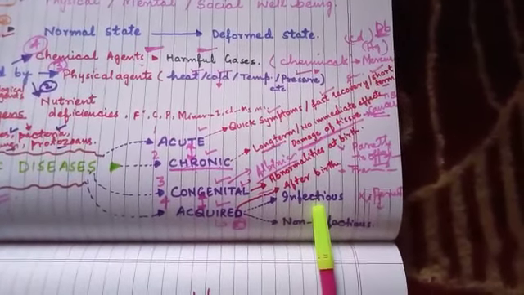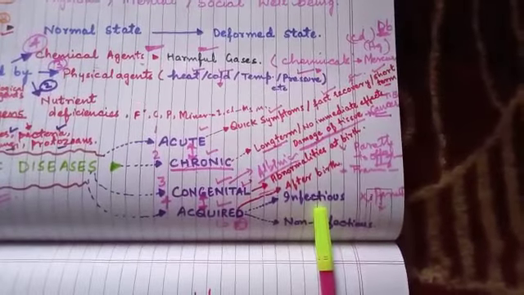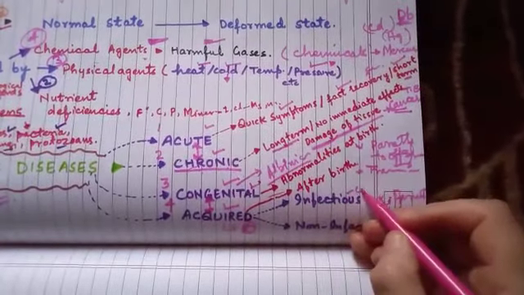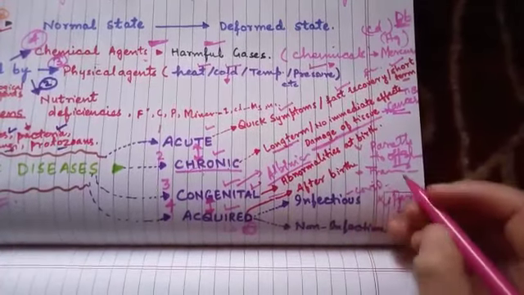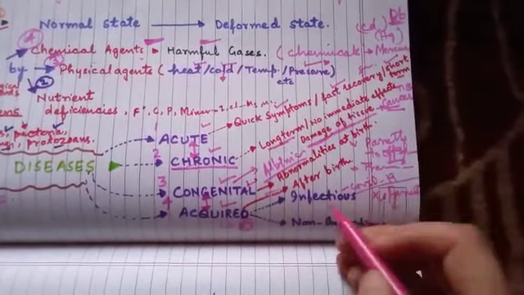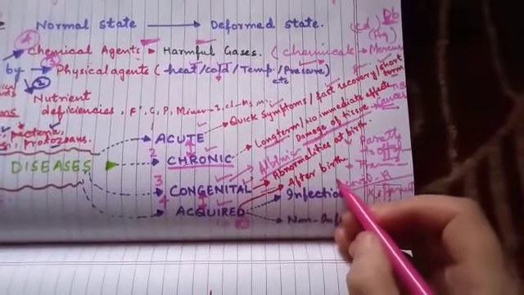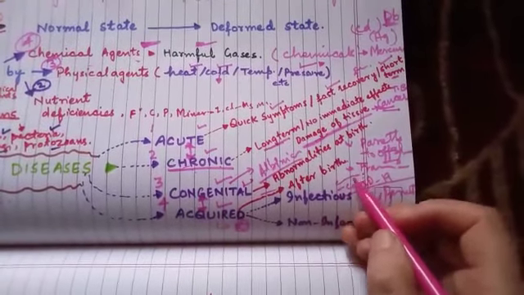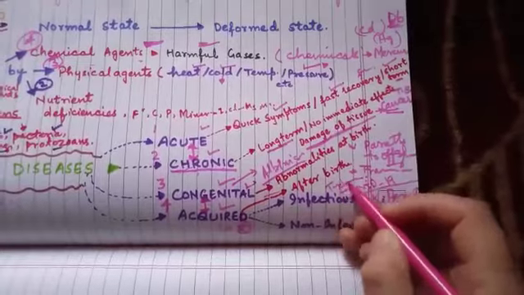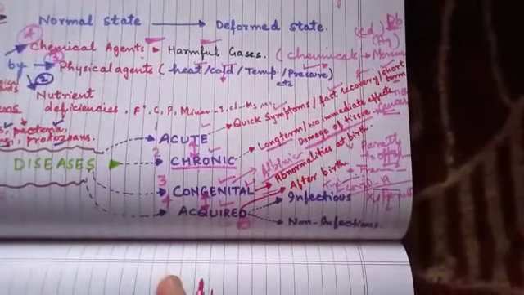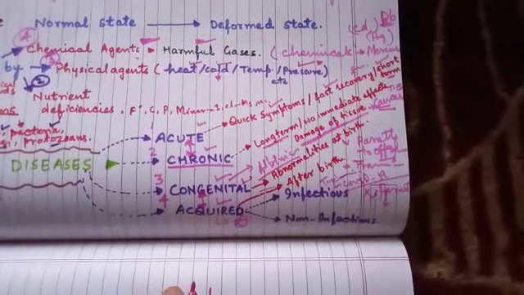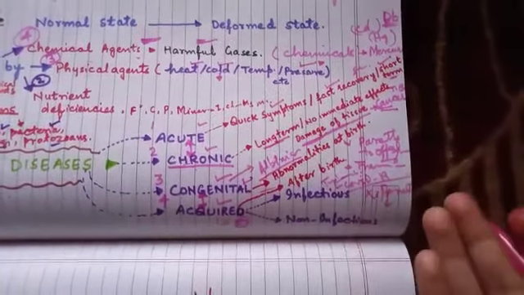The best example these days is COVID-19. COVID-19 is an infectious disease. Common cold is an infectious disease. Typhoid is an infectious disease that can be transferred from a sick person, from an ill person to a healthy person.